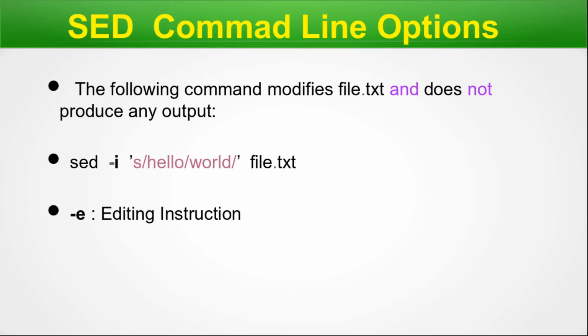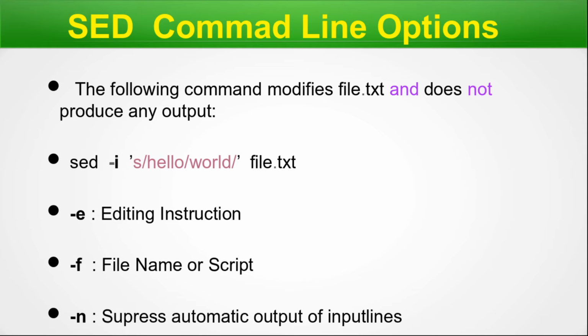Okay, the next command line option is -e. It gives the editing instruction to sed. The next one is -f. This is a file name or a script. Sed can have its own script: the set of instructions can be written into a human readable file and passed to the sed engine with -f. Then -n suppresses the automatic output of the input lines.